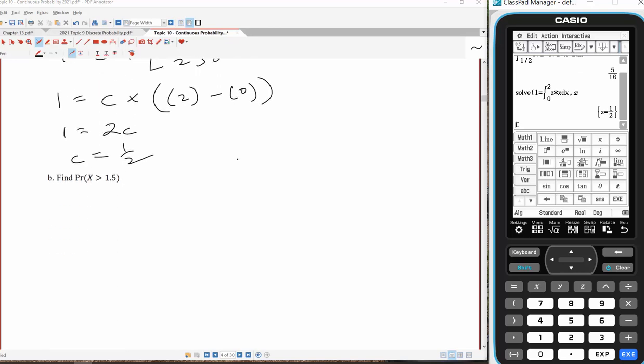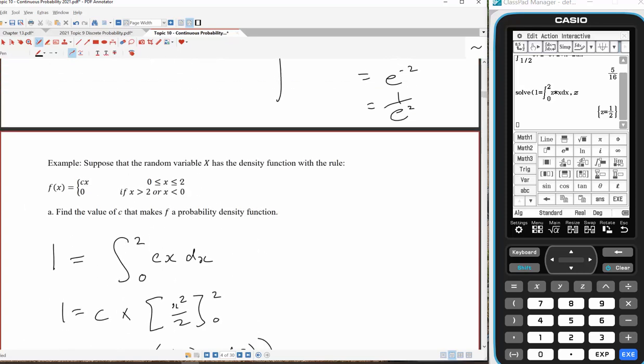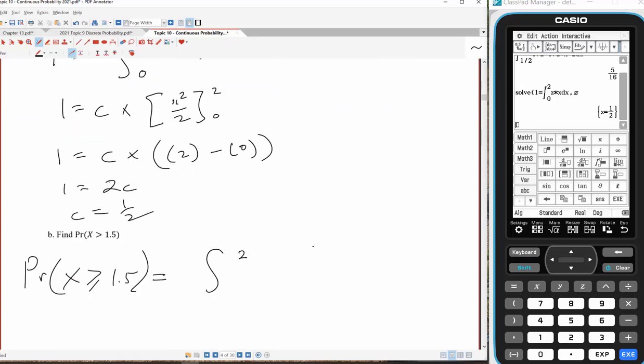Now we need to find the probability that the random variable is greater than 1.5. Remember, that could be greater than or equal to; it doesn't change anything. The upper terminal was 2 from memory, yep, 2. And the lower terminal is 1.5, or 3 on 2. Now we found the c value, so it's a half of x, or x on 2, dx.